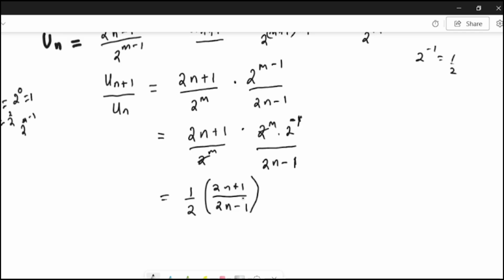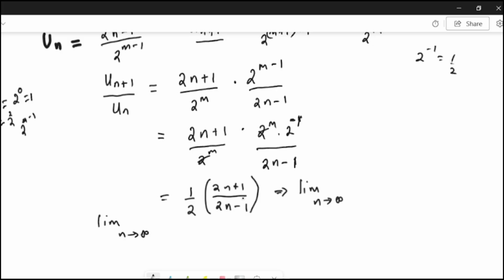Our next step is to apply a limit. So we're going to take a limit, and this limit is as n tends to infinity for our value here. So let's write here, limit as n tends to infinity.